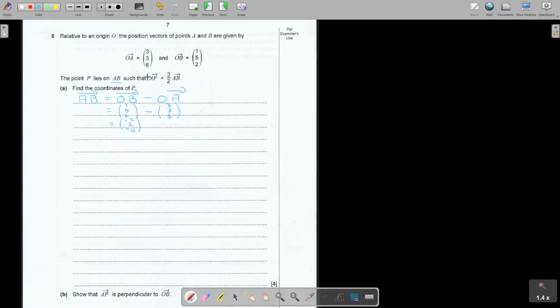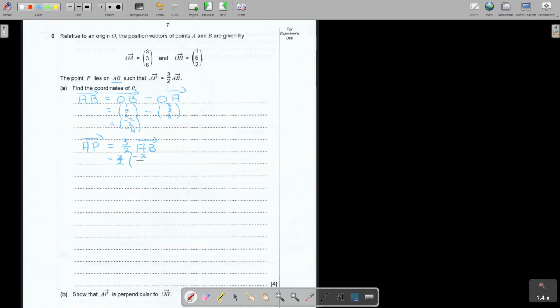Okay, and that's AB. Now, I must also get AP. Remember, they helped me. They say AP is 3 over 2, it's 1.5 of AB. This is a scalar, so it's 3 over 2 times AB. Always name your things, especially in vectors, because if you have to look up, it must be named very correctly. So don't just do this without giving the vector a name.